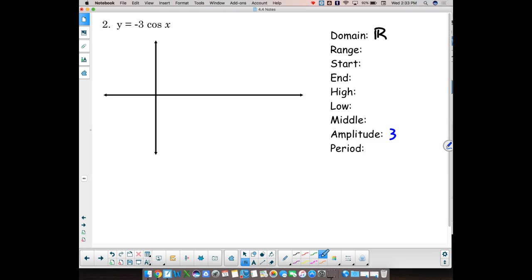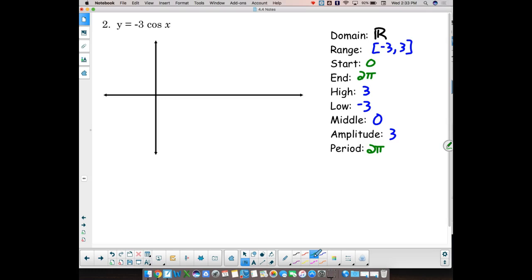My middle is 0, high of 3, low of negative 3, which means my range goes from negative 3 to positive 3. I start at 0, end at 2 pi, which means my period is 2 pi.